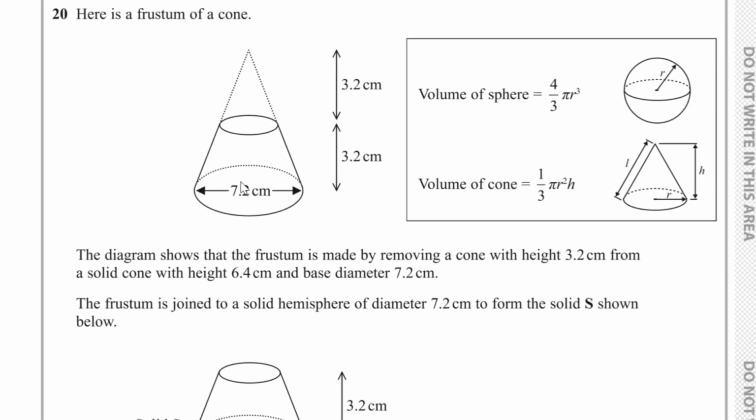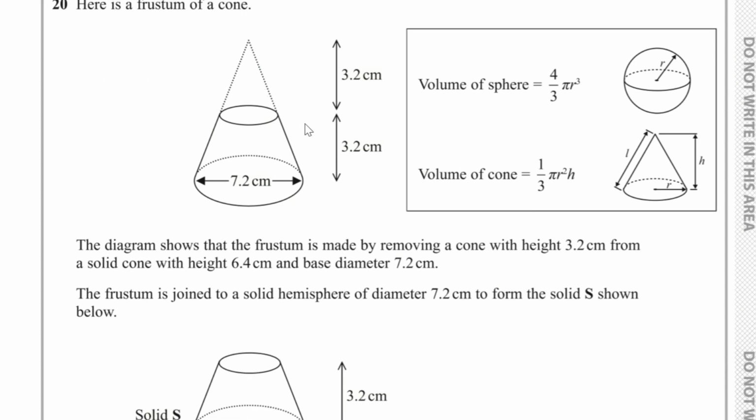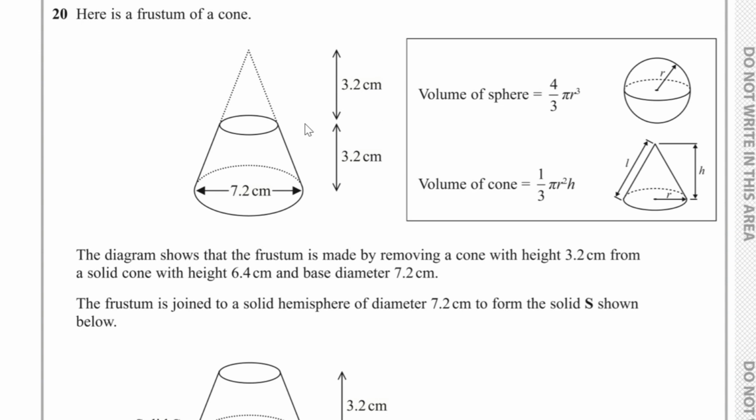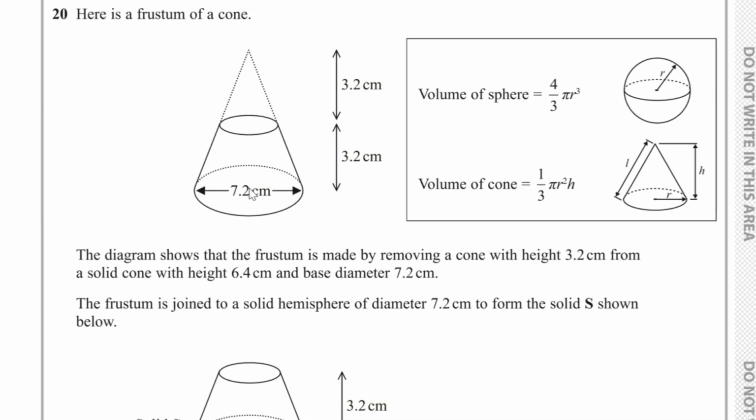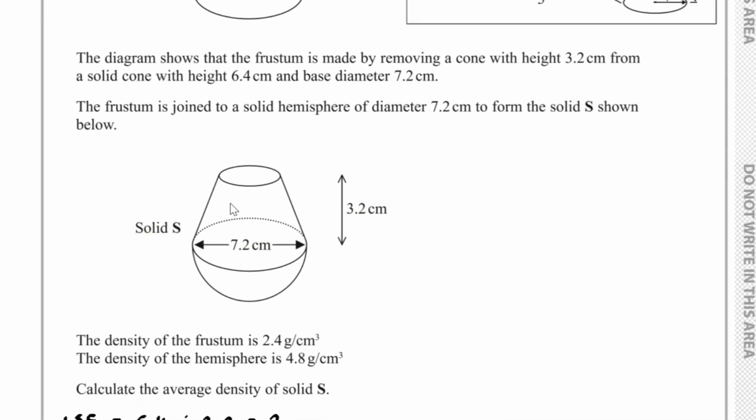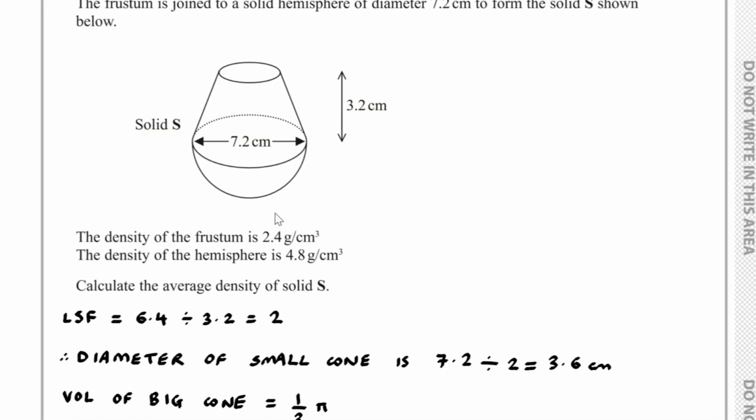Now, what we can do is find out the volume of the big cone and also the volume of the small cone and then subtract them. And we know that the volume of a cone is given by a third pi r squared h. So the volume of the big cone equals 1/3 pi times, well here, the radius will be half the 7.2, which is 3.6.